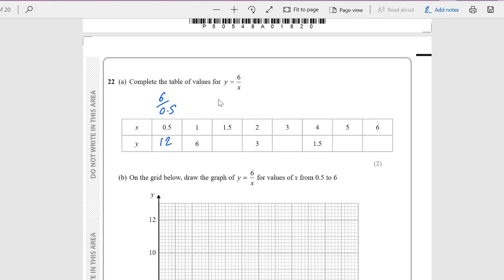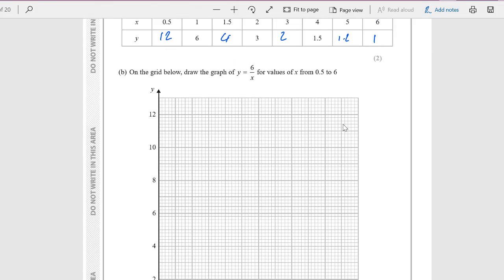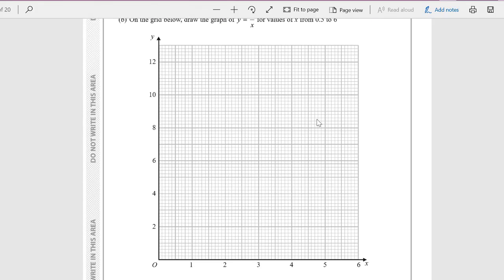That's already been done for us. 6 divided by 1.5 is going to be 4. 6 divided by 3 is 2. 6 divided by 5, 1.2. 6 divided by 6 is 1. So on the grid below, draw the graph of the values.